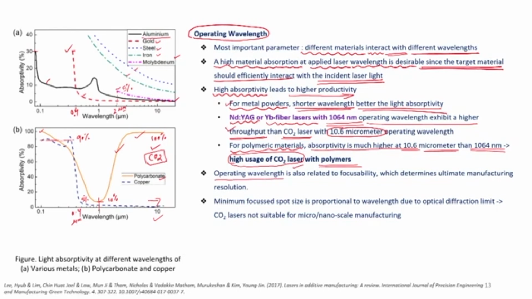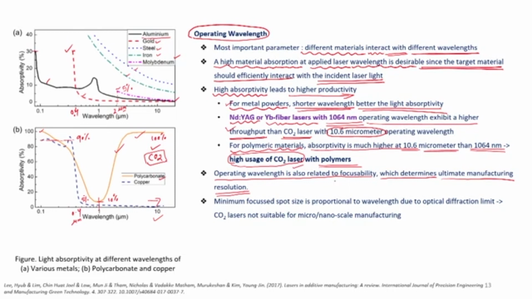The operating wavelength is also related to focusability, which determines the ultimate manufacturing resolution. So, there are two aspects in the wavelength. If we reduce the wavelength, we can reduce the diameter of operation.